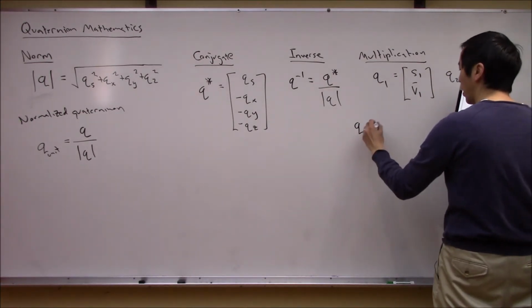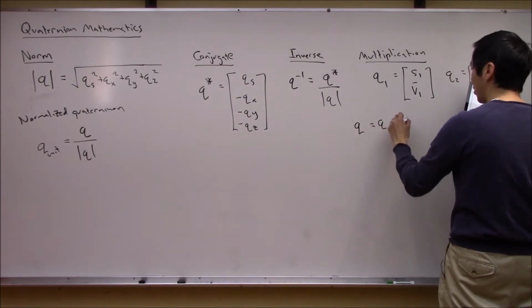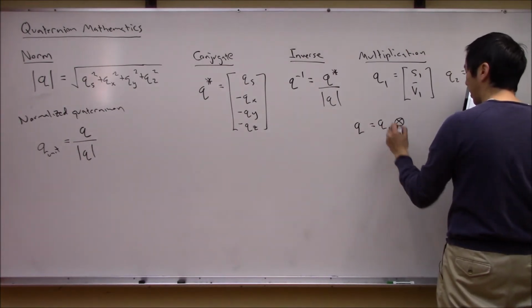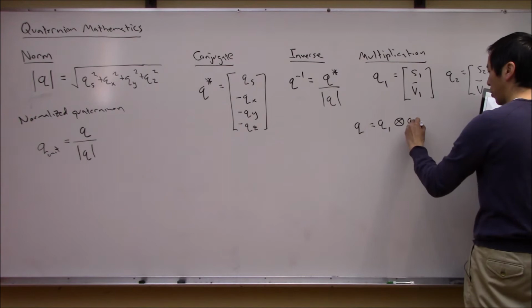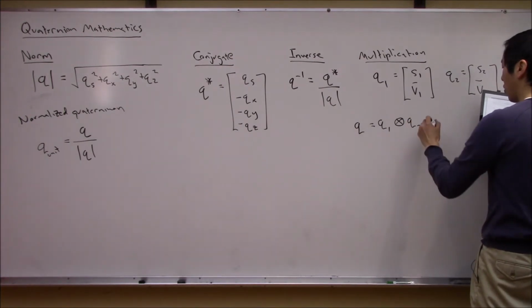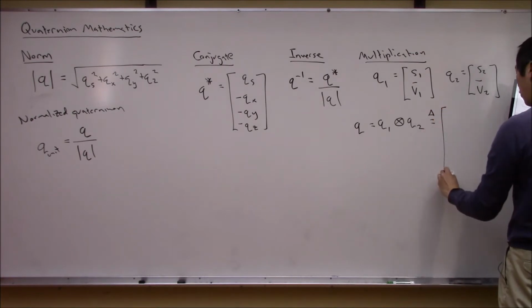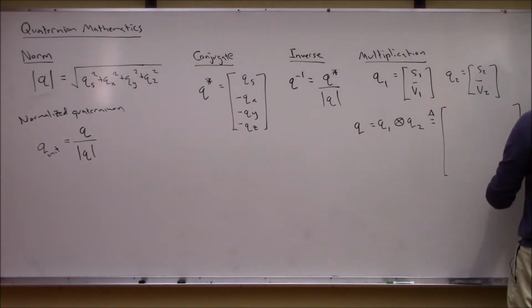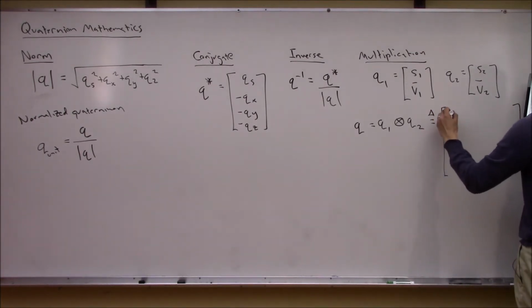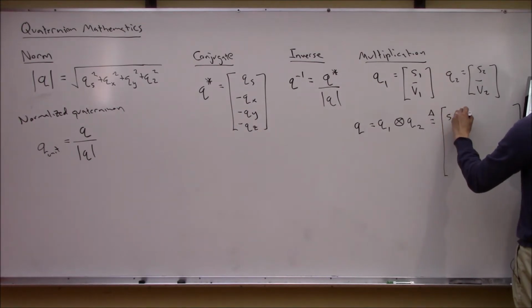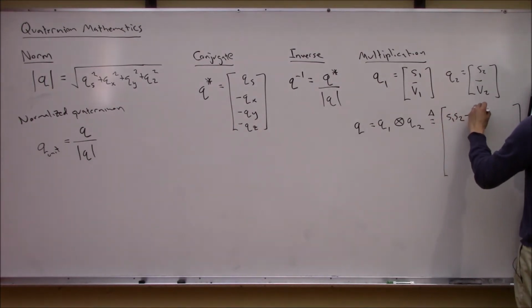Let's say Q is Q1 times Q2. Maybe you might see this denoted something like this for the product operation or a multiplication operation. So this is defined as basically you get a new 4x1. The scalar part of this is just going to be s1 times s2 minus the inner product of v1 and v2.